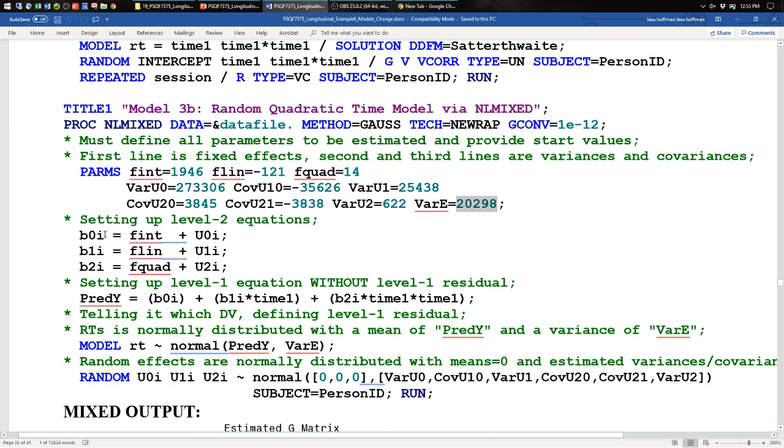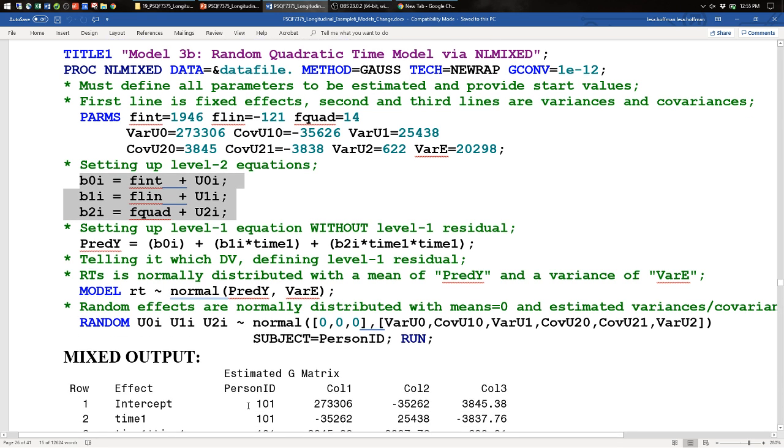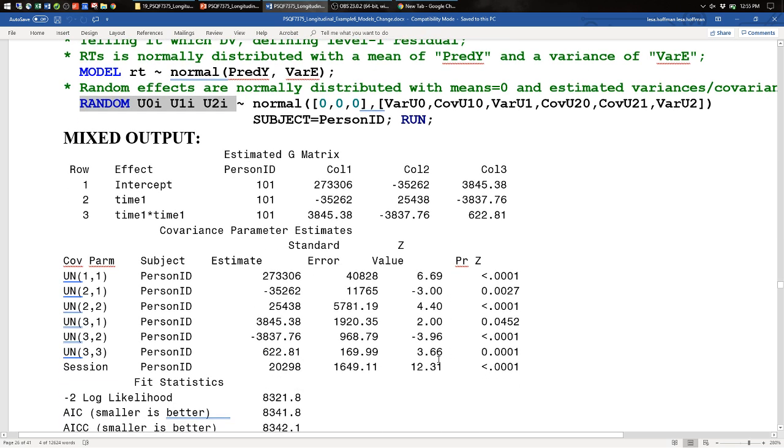Here's my level 2 equations. So 3 placeholders, B0, B1, B2, each is defined by its respective fixed effect plus its random effect. Down here on random, now I've got 3. So now I need to fill out the means, variances, and covariances for my 3 random effects.